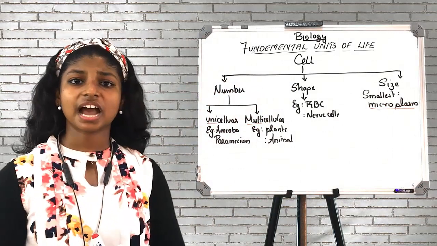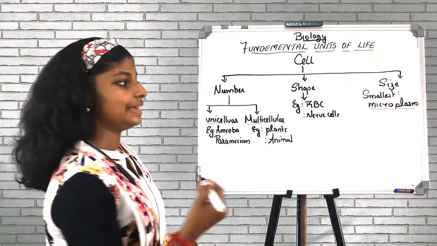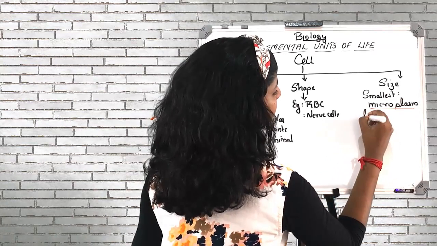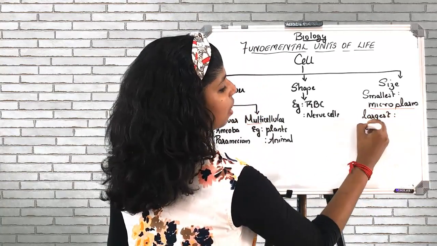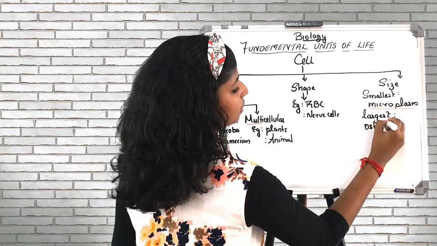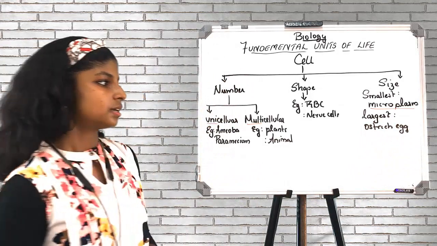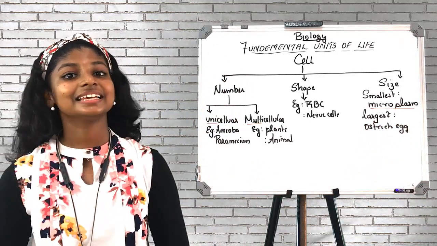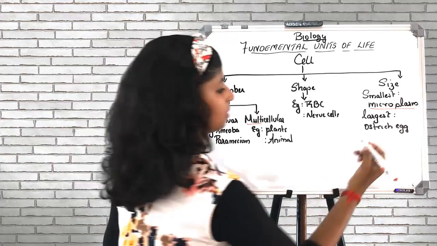And which is the largest cell among all living organisms? The largest cell is the ostrich egg.